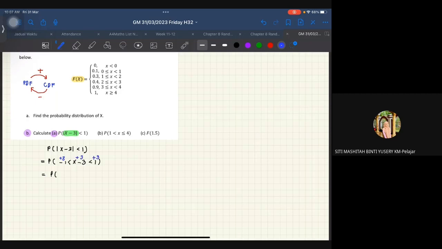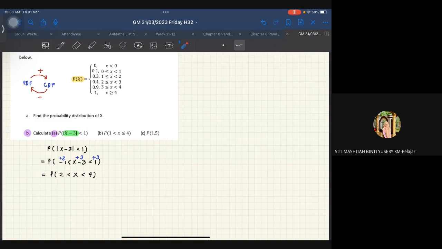So adding 3 to all of the sides, we are going to get 3 minus 1 is 2, dekat tengah dah tinggal x sahaja, and then on the right side 3 plus 1 is 4. Settle. Okay, so inilah sebenarnya yang kita nak kena cari. Sama dah bentuk dia macam yang lain ni.